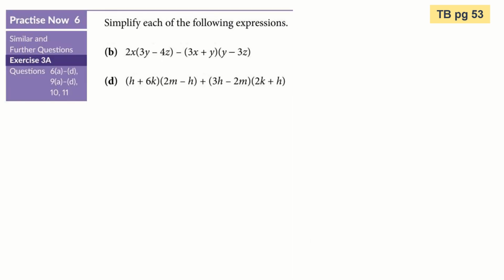We will now take a look at practice now 6, which is slightly more complicated because we have multiple things to handle within the expression itself. So looking at part B and D only, in part B we notice that there are actually 2 main components in the expression, which is this first part over here, followed by a minus sign and separated into the second component, which is this part over here.